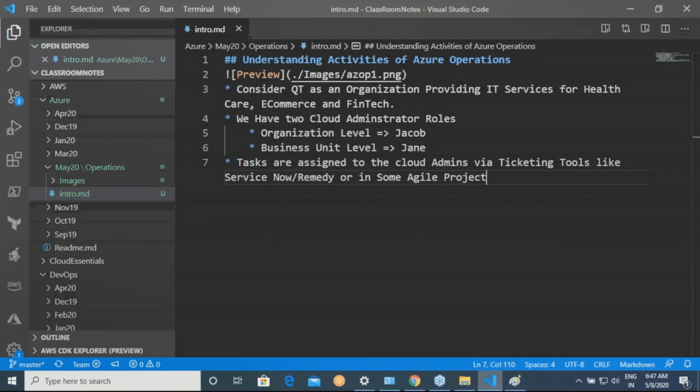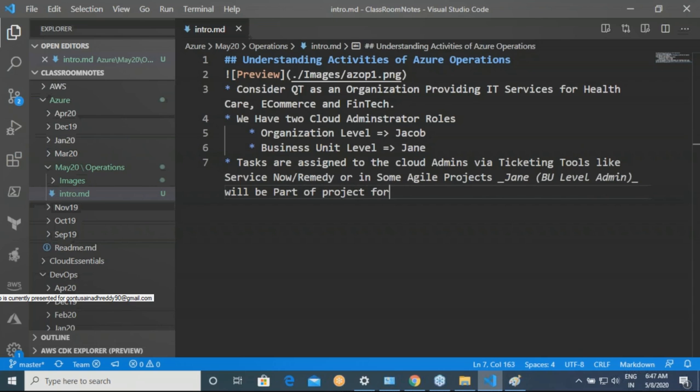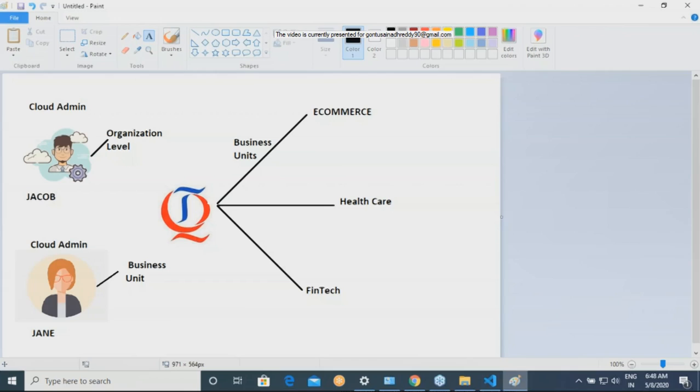In some agile projects, Jane, the BU level admin, will be part of the project for a few sprints, a few weeks. This generally happens whenever you are starting a project. So, am I clear so far?